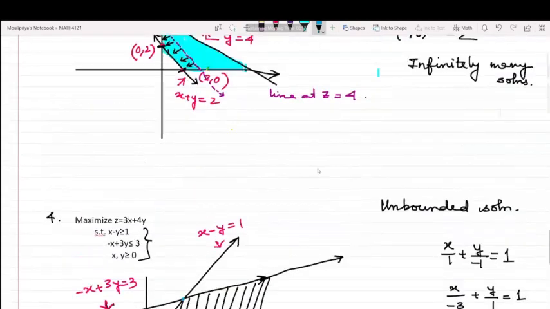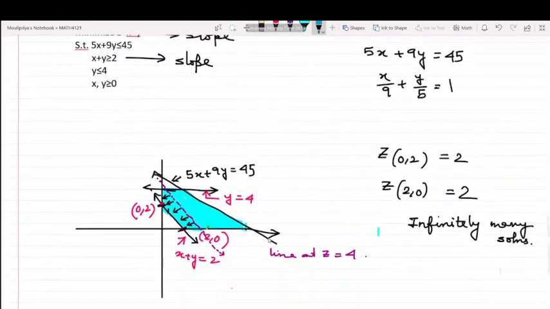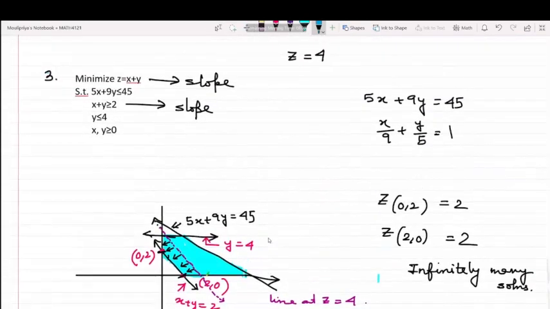For example, in the previous case we had infinite solutions because it was a minimization type of problem. Had the problem been to maximize Z, you would have got a unique solution. Because the slope of the objective line and the slope of this line are not the same.